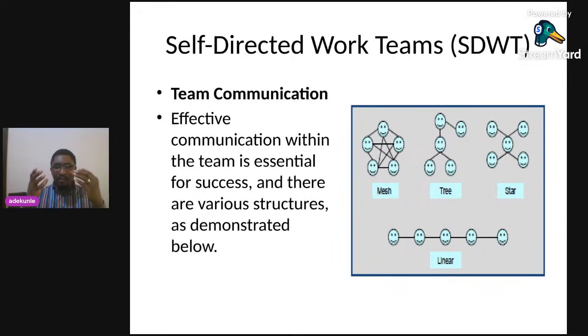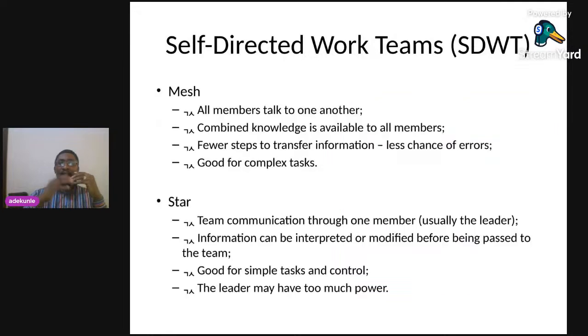You have a tree communication where information flows from the top down and down up. You have a star communication where information comes from the center and is distributed to every part of the structure of the organization. Now you have a linear communication chain within the team.